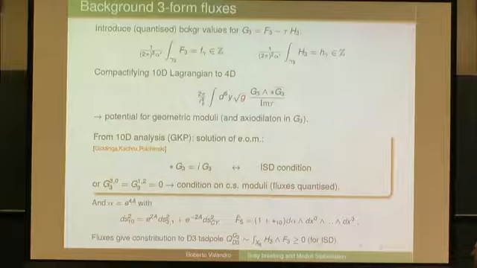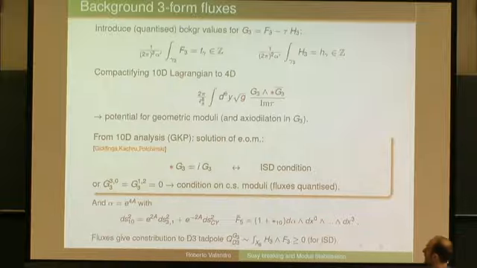Now, from a 10-dimensional analysis, one can study the equations of motion and see whether some of the continuous deformations that were there before, and that preserved the fact that it was a solution, are no longer there. And one can see from the 10D perspective that the solution tells you that the three-form flux G3 must be imaginary self-dual. This condition can be translated into requiring that the (3,0) part and the (1,0) and (1,2) parts of G3 are equal to zero.